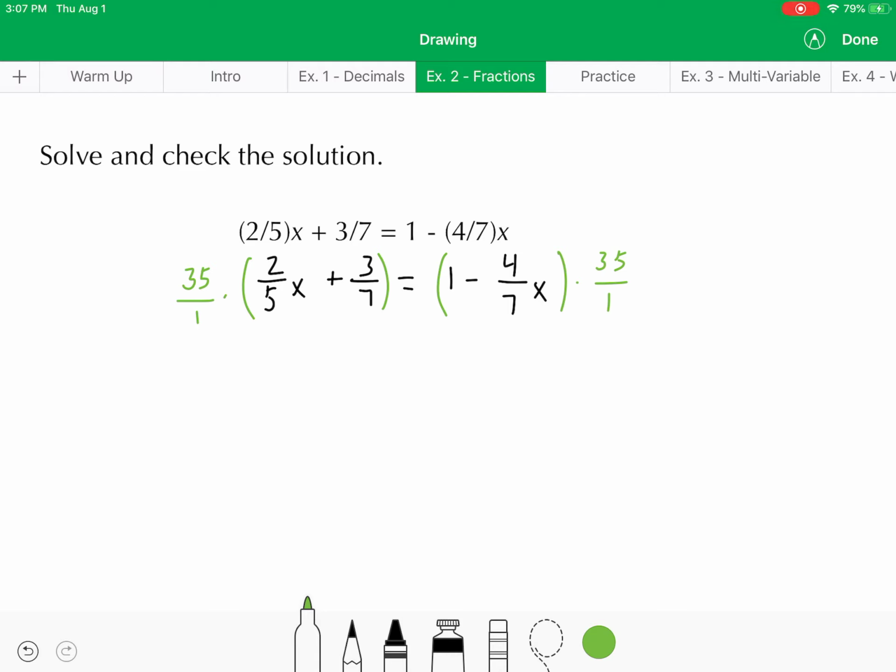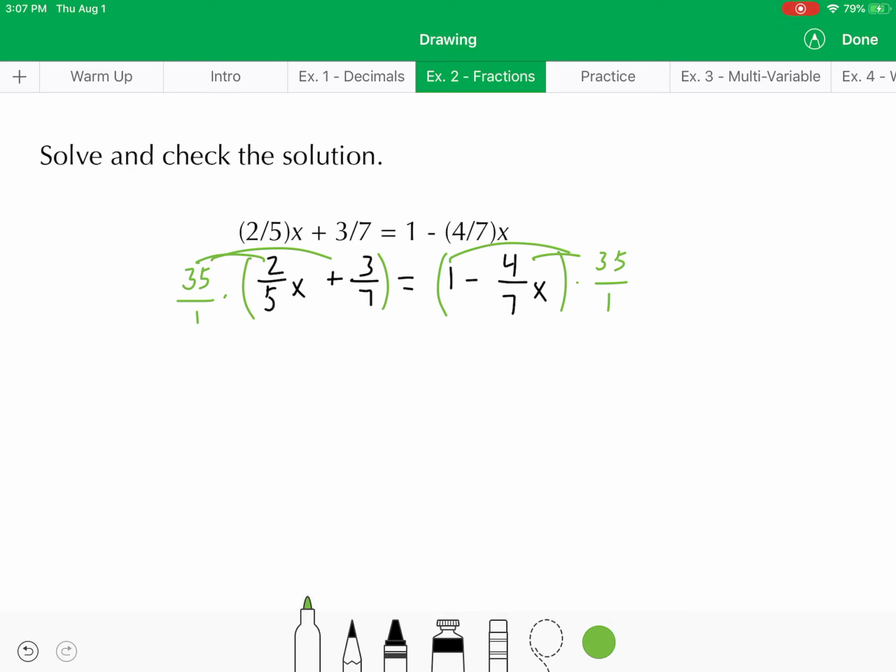All right, once again, utilize your distributive property here. Now 35 over 1 times 2/5 x. You can get the 5 to reduce away, and the 35 would turn into a 7.